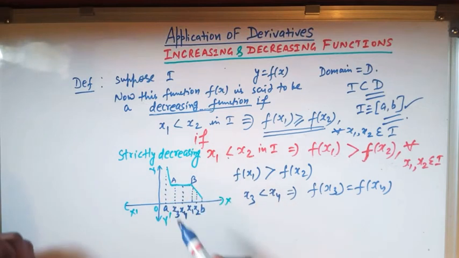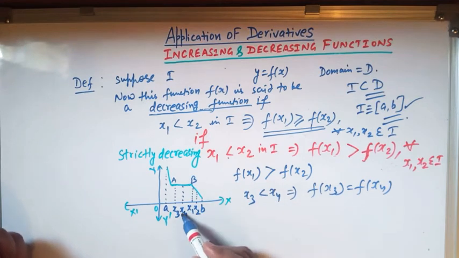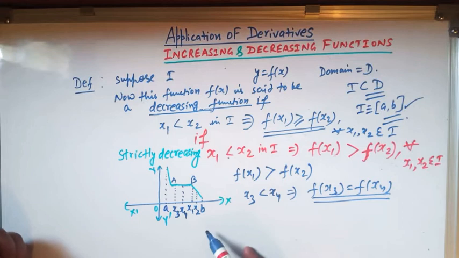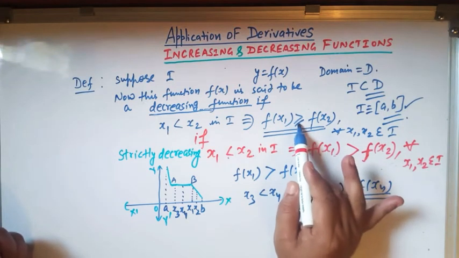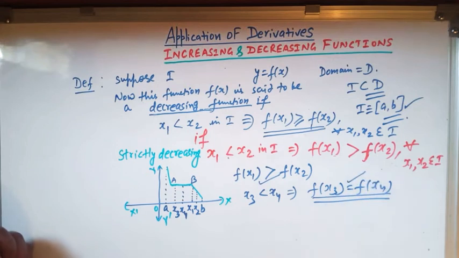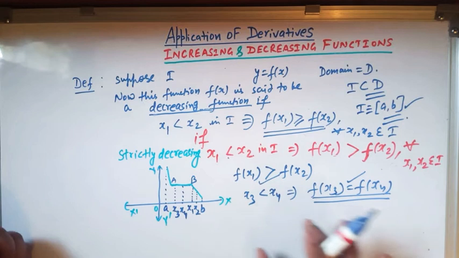So although x4 is greater than x3, the ordinates at these 2 points are equal. Clear? So in this inequality we have considered both the cases. Clear? So this is a decreasing function.